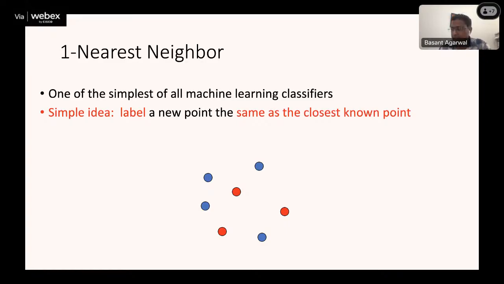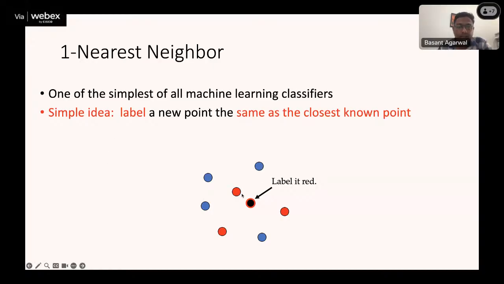One nearest neighbor is the simplest form of the k-nearest neighbor algorithm, in which all the training samples are given to us, and the idea is to find the label of the new sample based on the closest example.